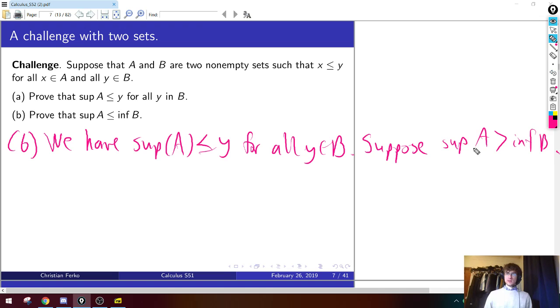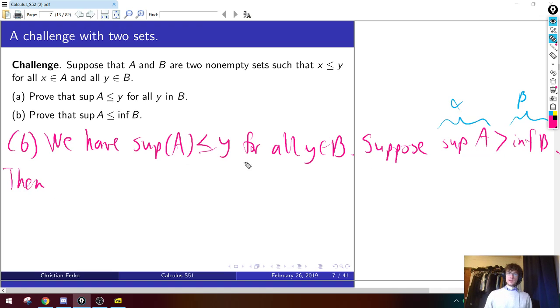I think it's useful in doing this proof to give these guys specific names. So maybe let's make the supremum of A alpha and the infimum of B beta. And something I found useful in writing the solution was to take the difference between the two of them.